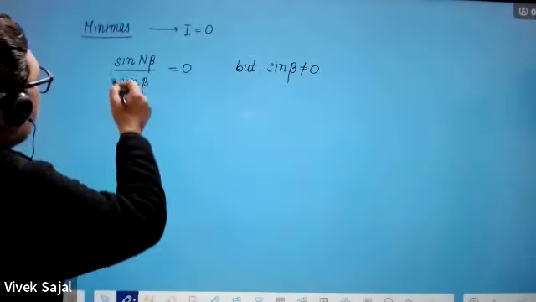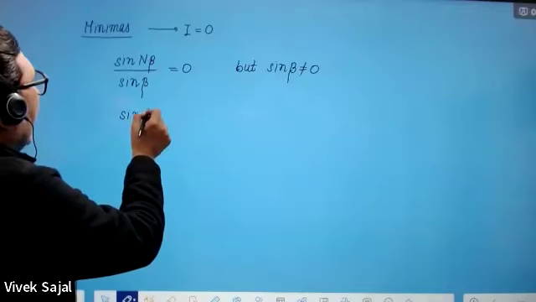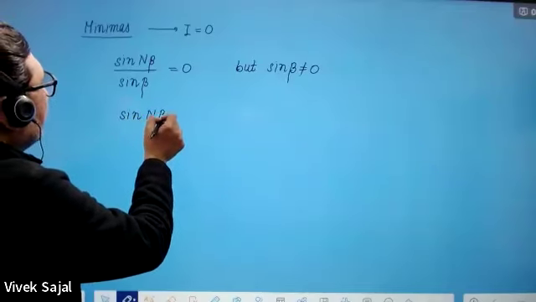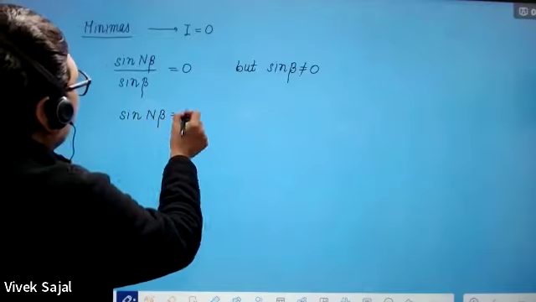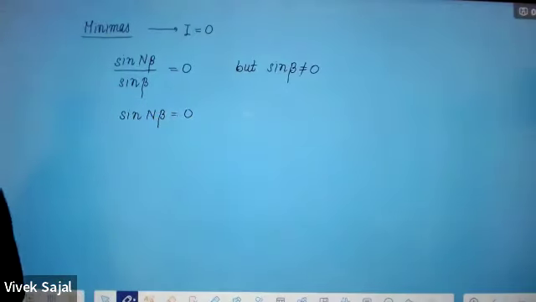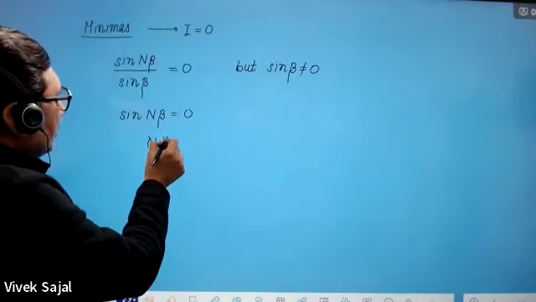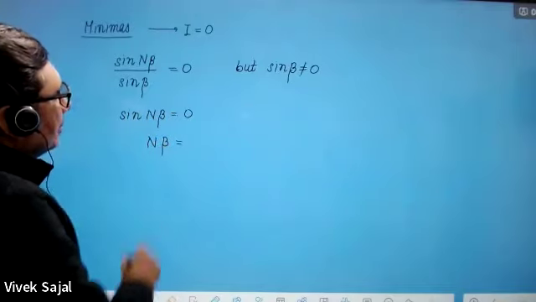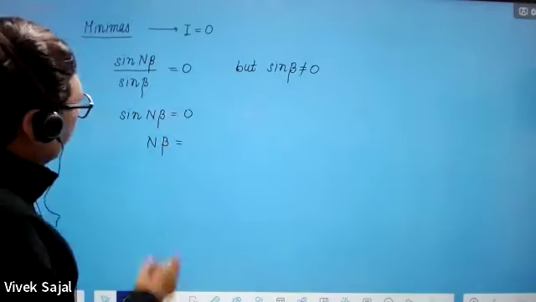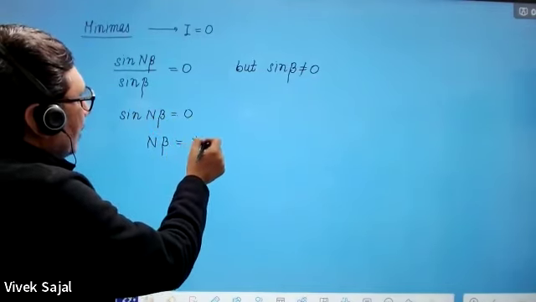So I will make sine of n beta equal to 0. From here you can write n beta equal to plus minus m pi.